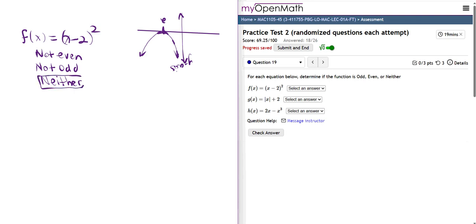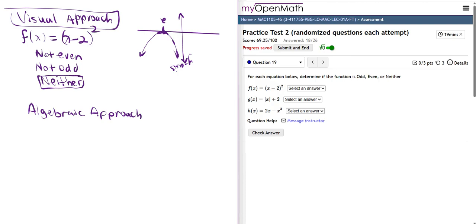Okay, so that's just thinking about how things look visually. But if I had to do it algebraically, I did the visual approach using my knowledge of how a quadratic function, when graphed, would look if I changed it in that way.